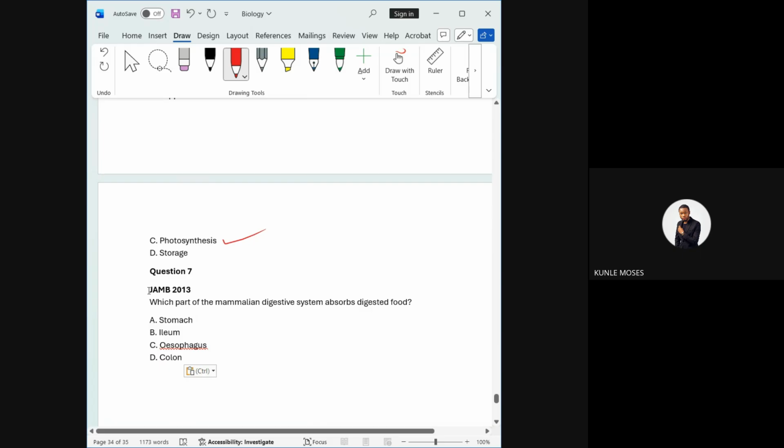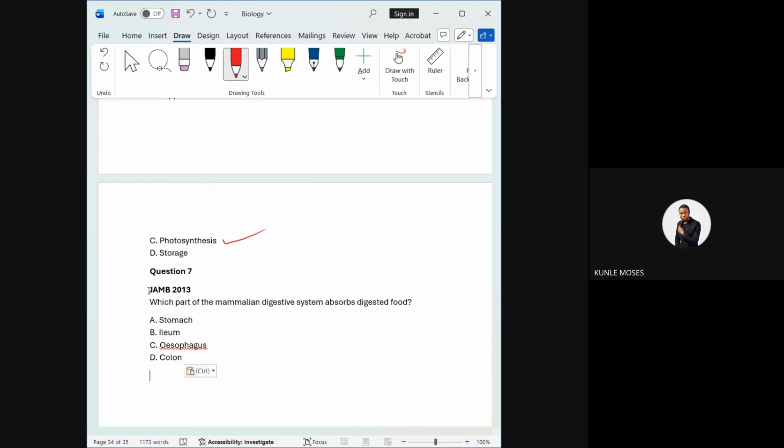Which part of the mammalian digestive system absorbs digested food? Now I said there are three major functions of the mammalian digestive system. One of them is absorption of digested food. So which part helps in absorbing digested food? The food that is digested, not the food that is not yet digested.